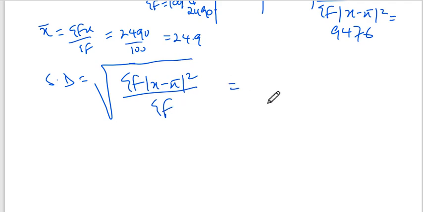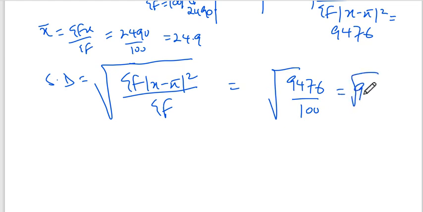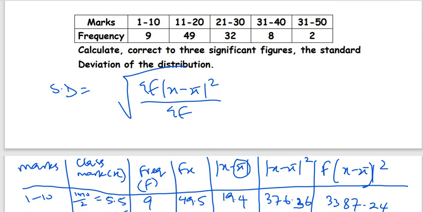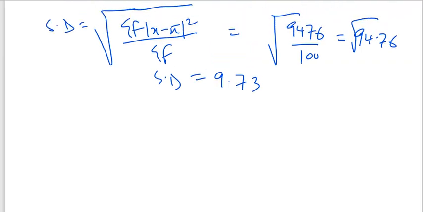That is square root of 9476 divided by summation f, which is 100. So that gives us square root of 94.76. Square root of that is 9.73 to 3 significant figures.